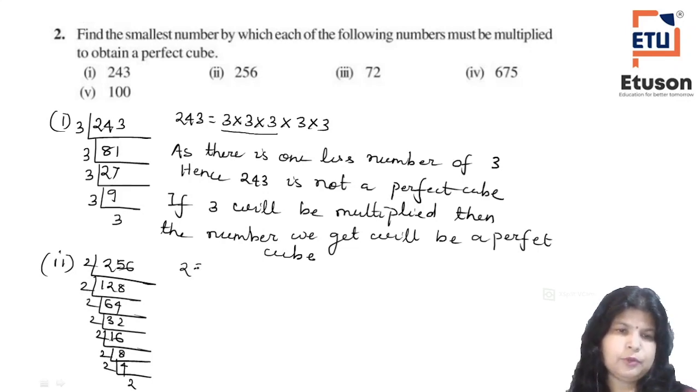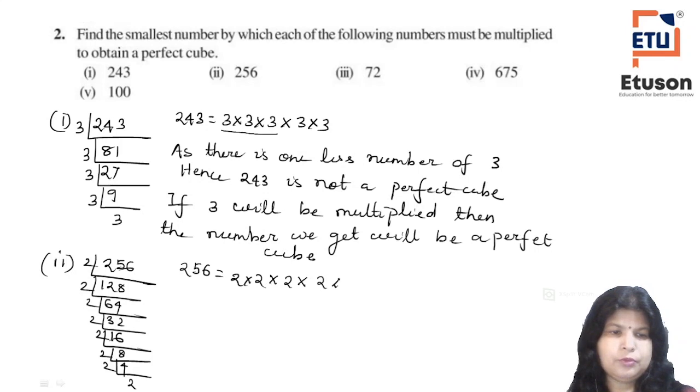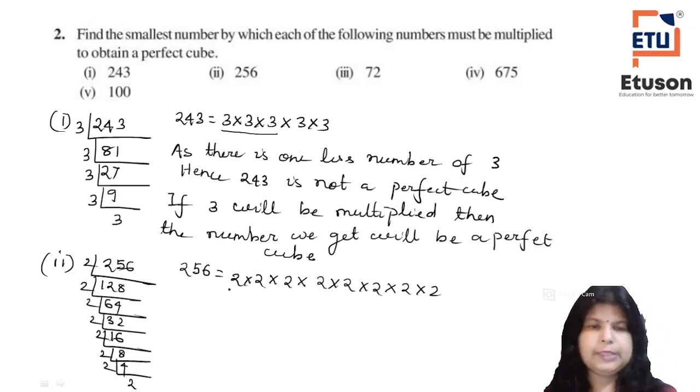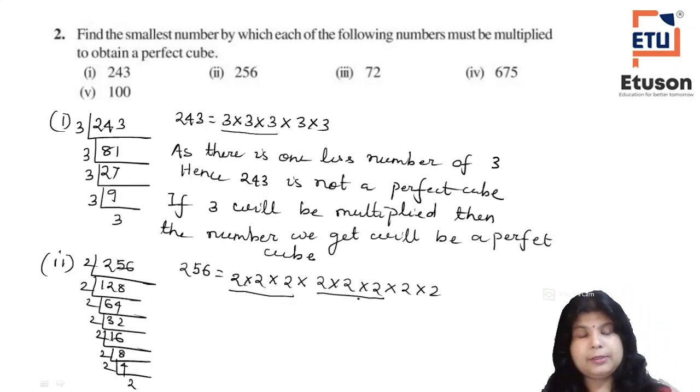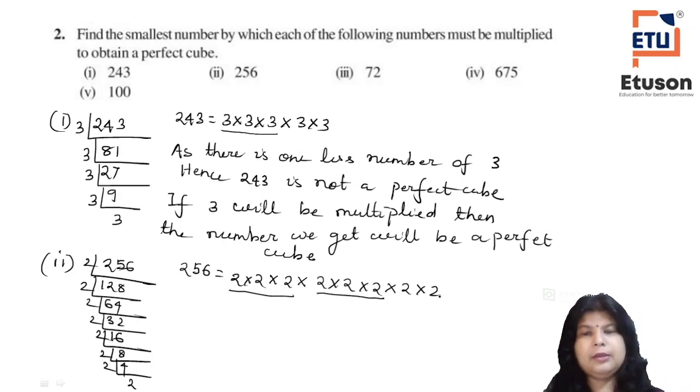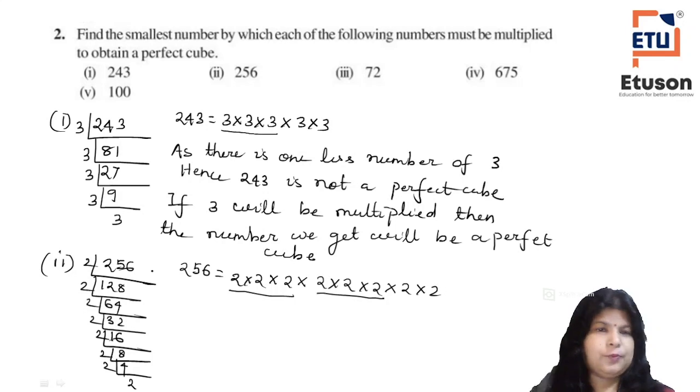So let us write down the prime factors. 2 into 2 into 2 into 2 into 2 into 2 into 2 into 2. Let us form the set of 3. So you could form two sets of 3 taking 6 twos together, but there is one less 2 to form another set.